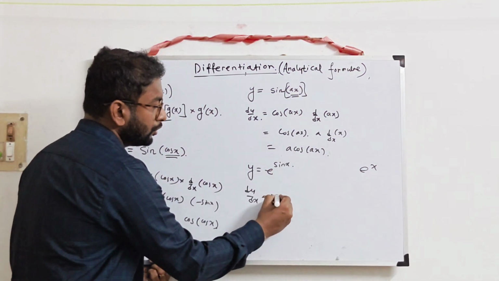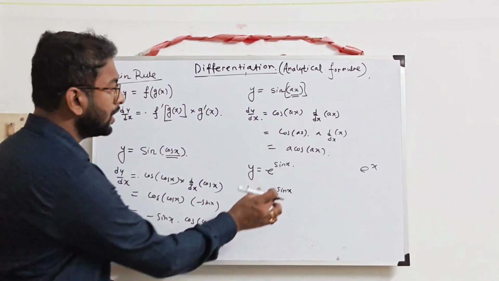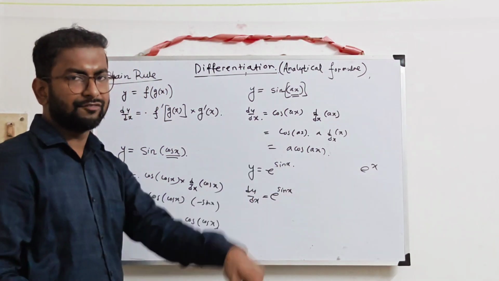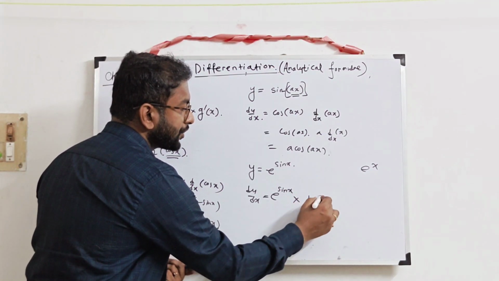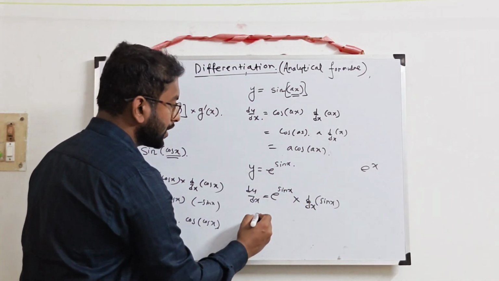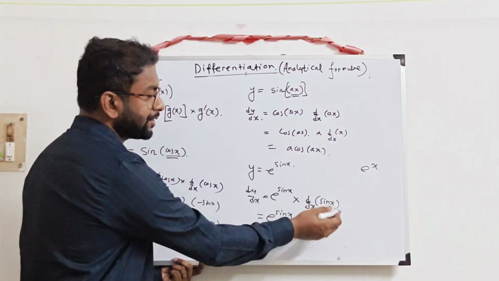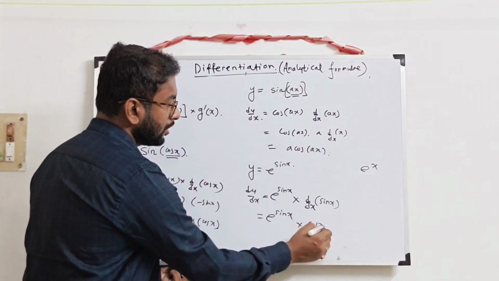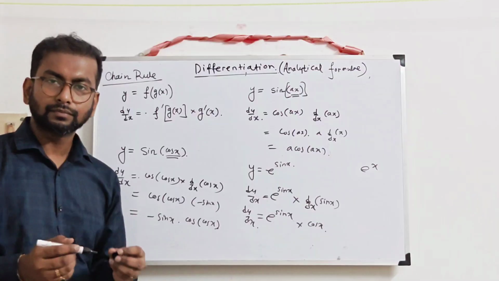So e to the power sin x also takes the same value, e to the power sin x. But this exponent is not x, it is sin x, some function of x. So you have to multiply the entire term with the differentiation of the inside function, that is sin x. So your answer becomes e to the power sin x multiplied with the differentiation of sin x, which is cos x. So this is the answer, dy dx. That is the chain rule, and we will go on.